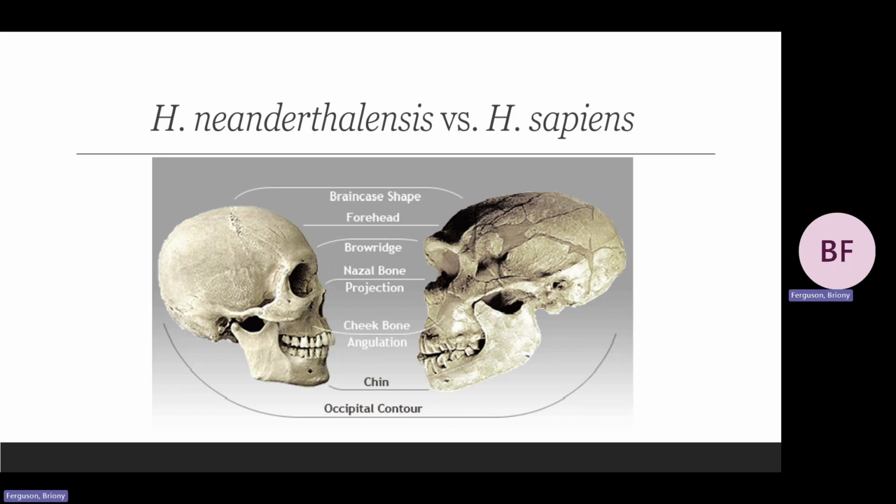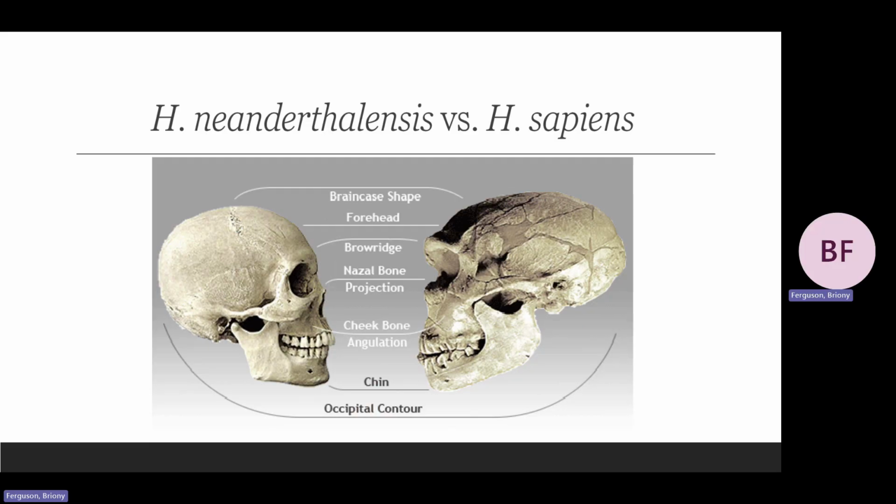We can assume that they had language. Language doesn't really preserve well. Tongues don't preserve and all of that kind of stuff that are really important to being able to speak. But we can assume based off of their societal structures and the actual material evidence that we have of them, they did speak, they had some sort of language.